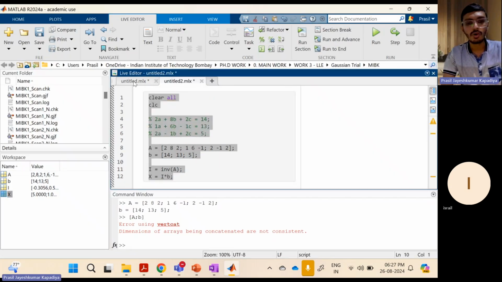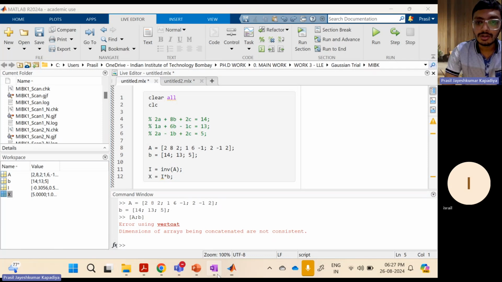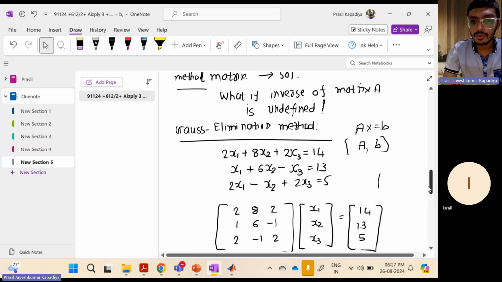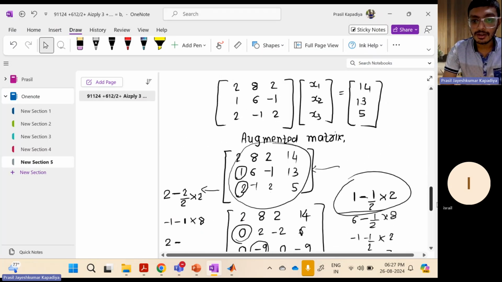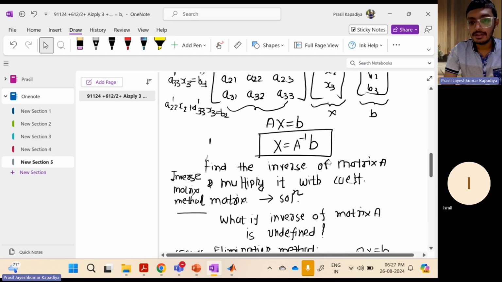Okay, I will show you this matrix method again. So we write down our equation, and for inverse matrix method, we need to find first inverse of a matrix and multiply it with coefficient matrix.